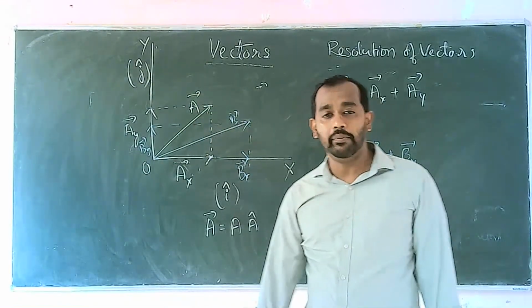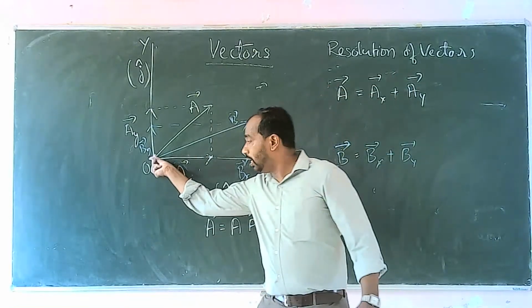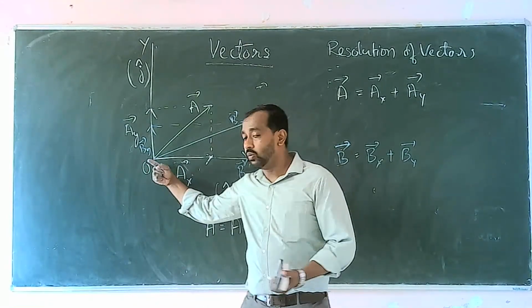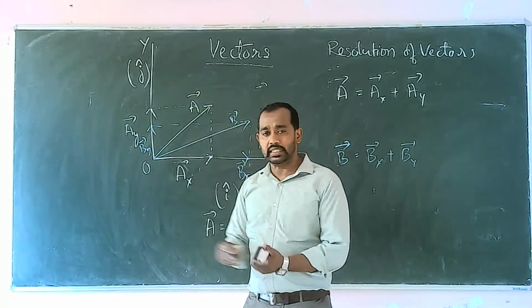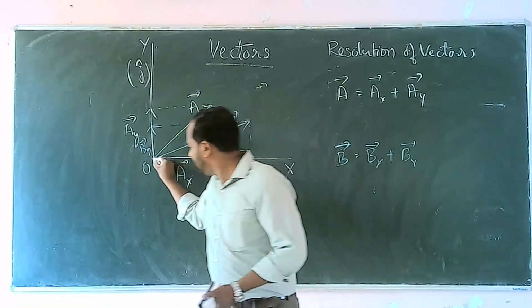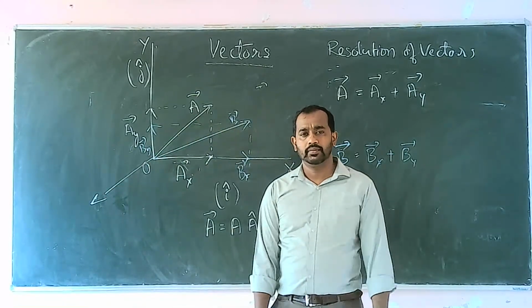When we use 3 dimensions, that means the z-axis also. If the z-axis is perpendicular to the plane of the board and it is directed towards us, then it will be known as the z-axis. But if you are going to draw that on the board, then it will be represented like this. This is the z-axis.